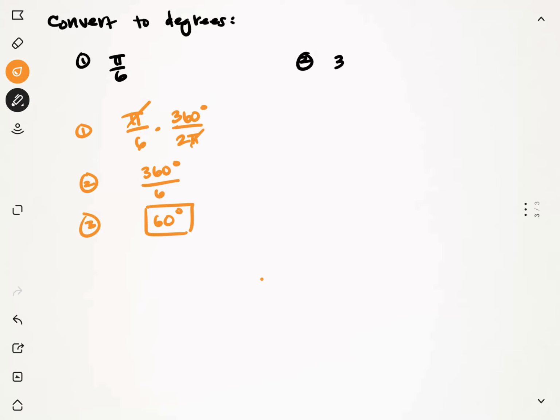So first step, we're going to make sure we cancel out our radians. We're doing 360 degrees over 2 pi. We're multiplying it by our original angle, pi over 6. Once the pi's cancel out, we should only have degrees left. So we have 360 degrees divided by 6, and we just do our division and then we're done.